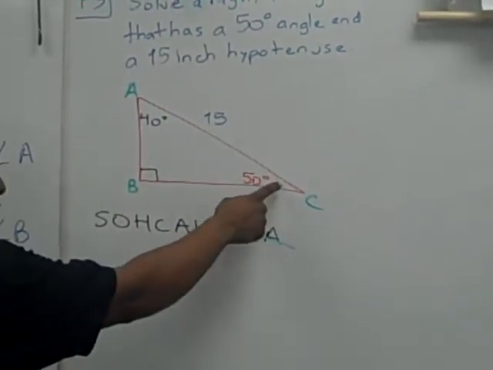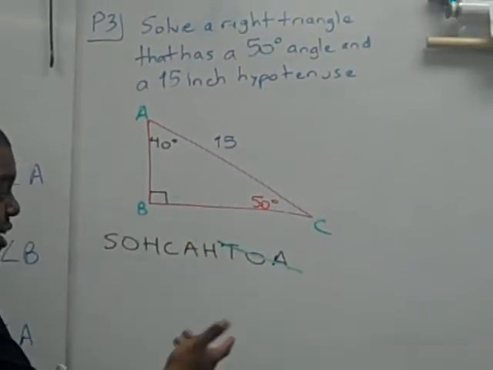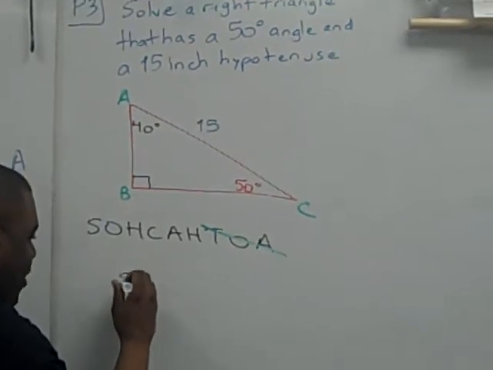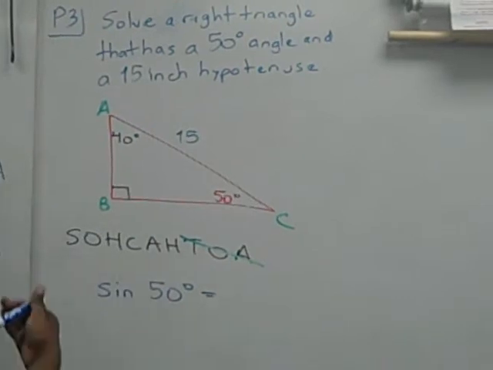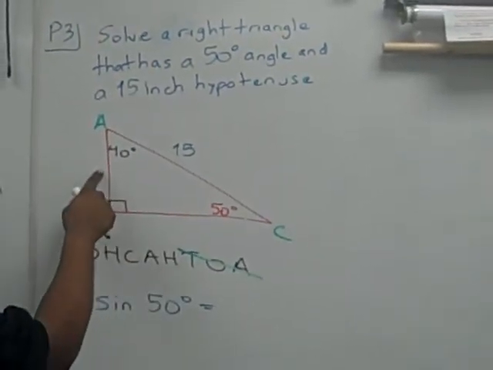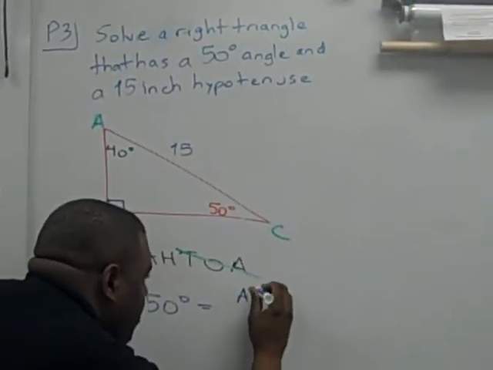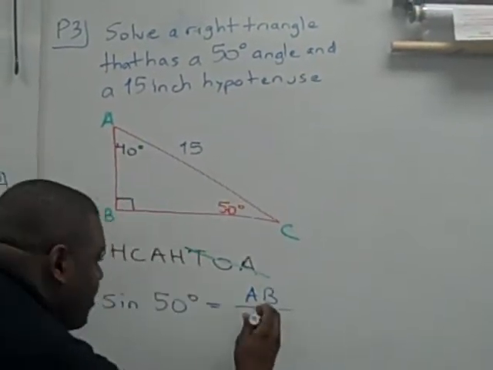Since we have the 50 to begin with, I say we use the sine of 50 degrees. So we're going to write out our original problem: the sine of 50 degrees equals the ratio of the opposite, which is AB in this problem, and the hypotenuse, which is 15.